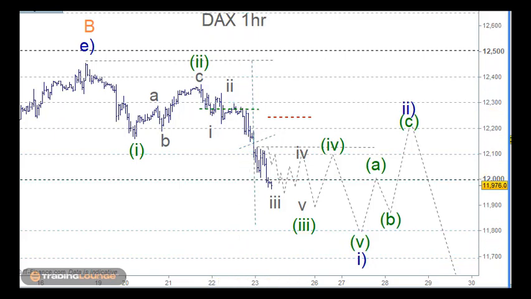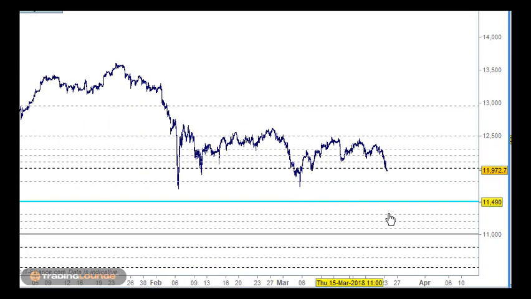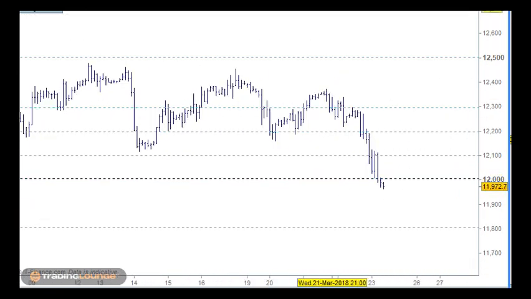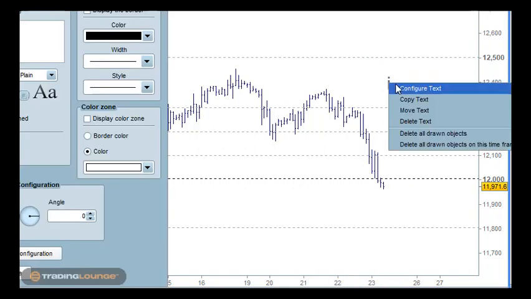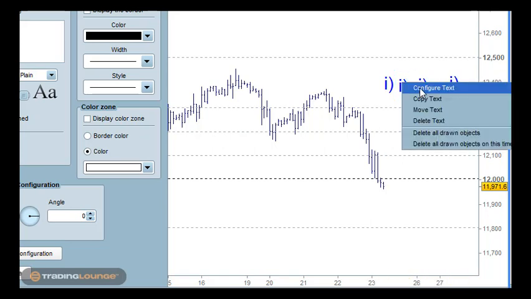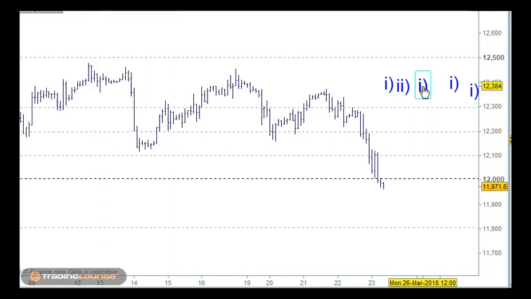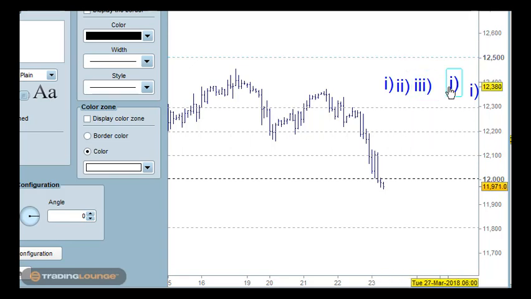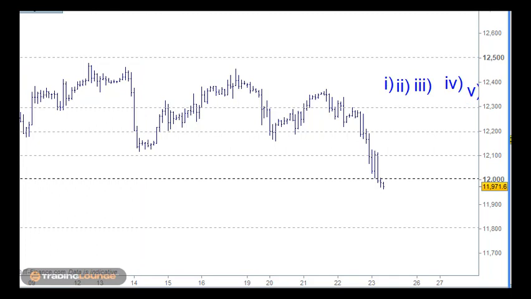So in terms of a different count, I'll just go to wave 2 here, on the 2-hour chart. The other way to count this, I don't think it's the case, but we do need to bear it in mind.